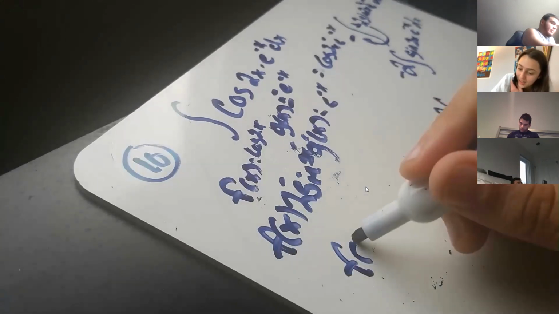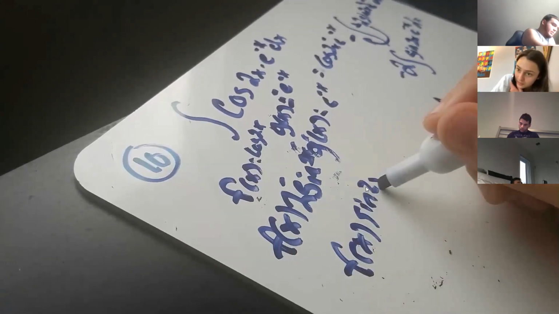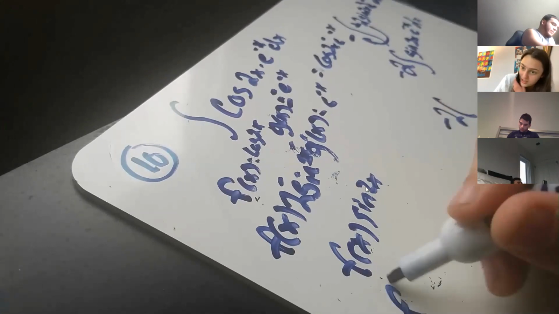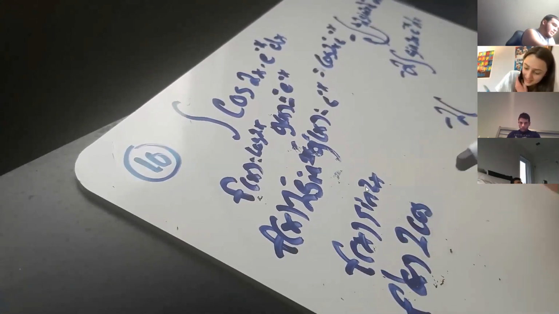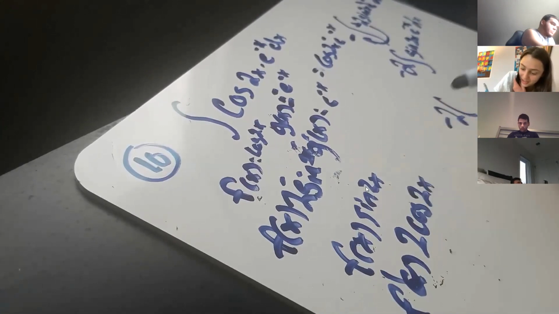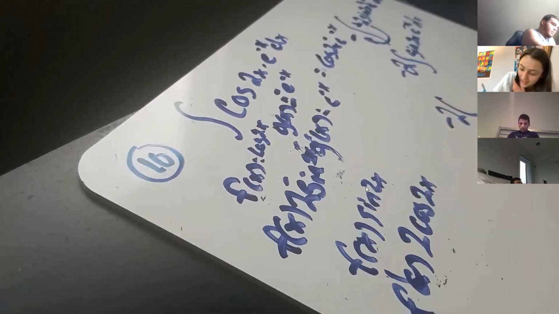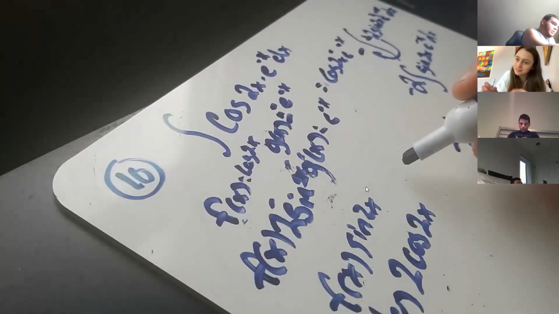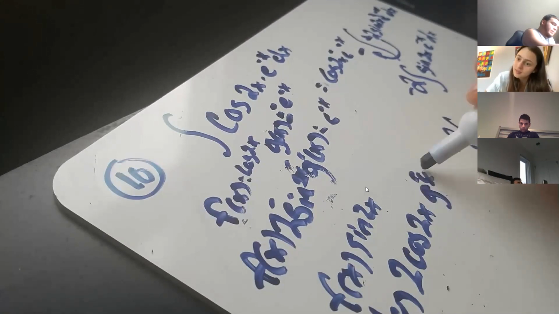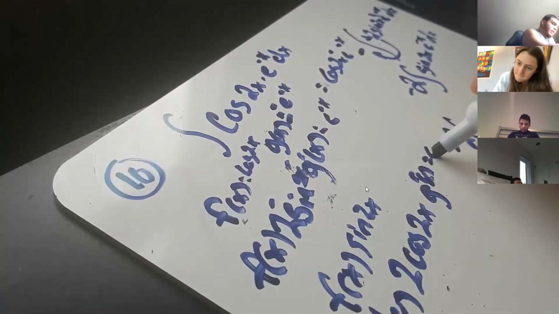F of x this time is sine 2x. So the f prime of x is going to be 2 cosine, positive cosine, 2x. And then g prime of x is going to be e to the negative x.